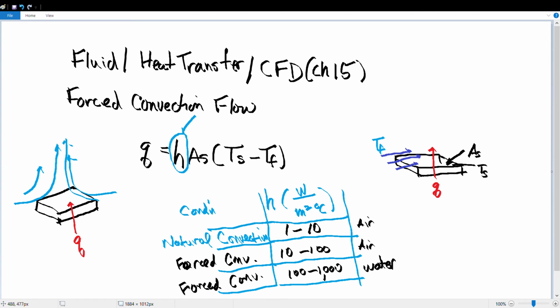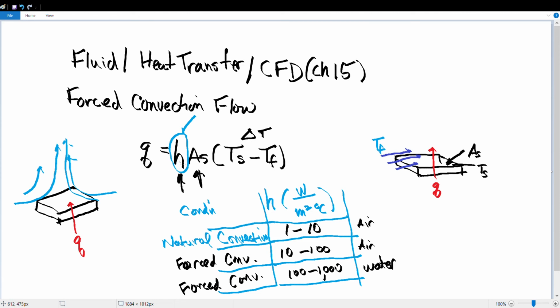So this gives you a general ballpark as to how much heat we can remove. The heat removal is equal to the convection coefficient times the area. So if we want to increase the heat removal, we can have H go up, or we can have a larger area, or we could increase the delta T here.